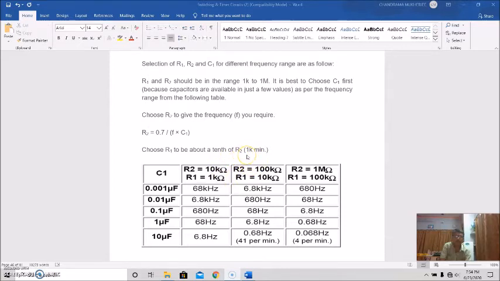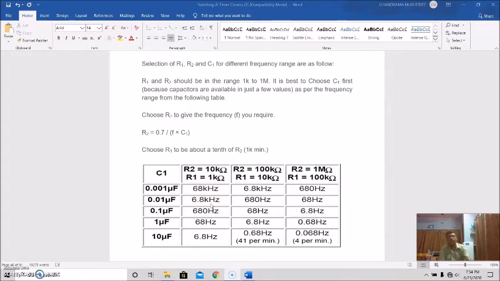R2 should be 1 kilo minimum, and R1 should be 1 kilo minimum. For example, for C1 equal to 0.001 microfarad, R2 10 kilo and R1 one tenth of this, that is 1 kilo, the frequency will come at 68 kilohertz.